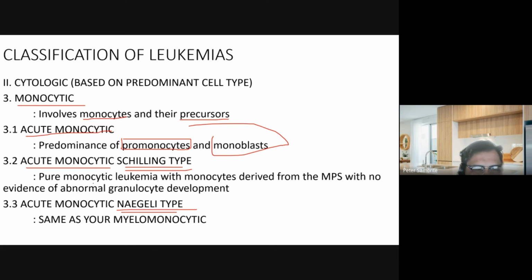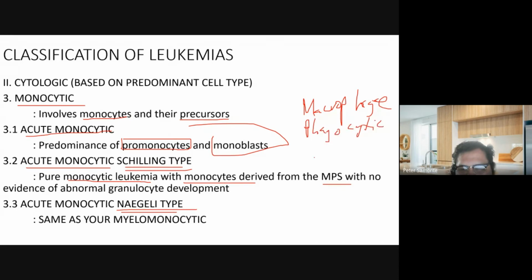Now, yung Schilling type nyo class, you have pure monocytic leukemia with monocytes derived from the MPS. MPS is your macrophage phagocytic system with no evidence of abnormal granulocyte development. While your Naegeli naman is same as your myelomonocytic leukemia.